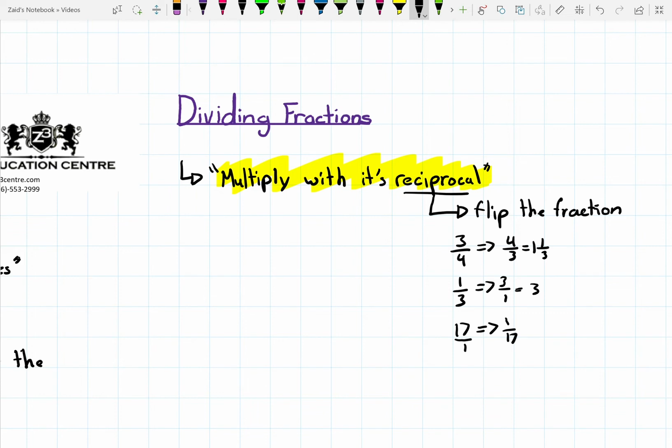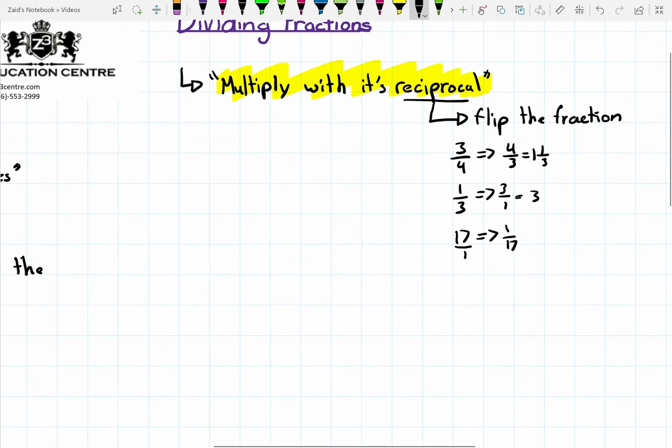So now with dividing fractions, let's say we had 3/4 divided by 7/8. Instead of dividing fractions, we're going to be multiplying with its reciprocal.